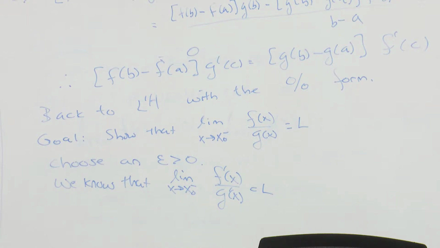Then automatically we know that f prime of x over g prime of x minus L is going to be less than epsilon in magnitude. We agree with this?